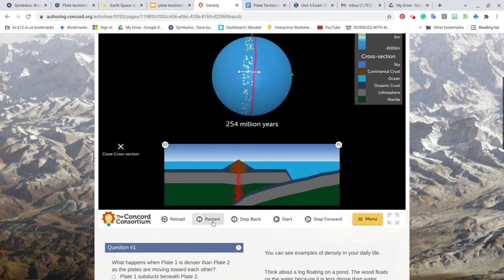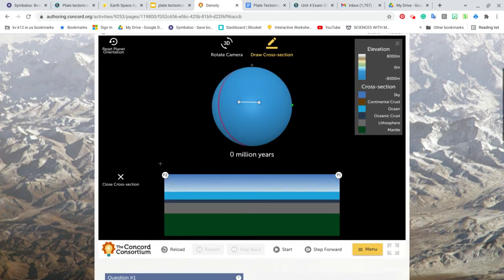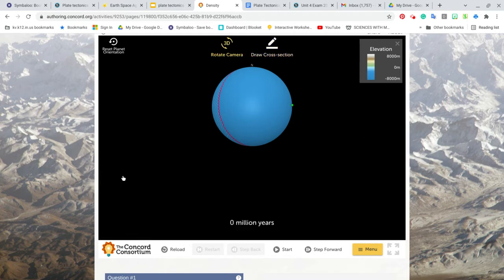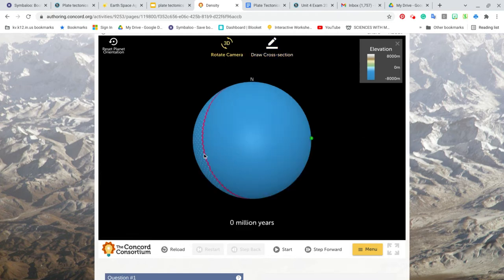And if you need to restart it, it is easy to restart. Close the cross section. Okay, we have restarted everything, and you can also make it step forward. That'll take a while.